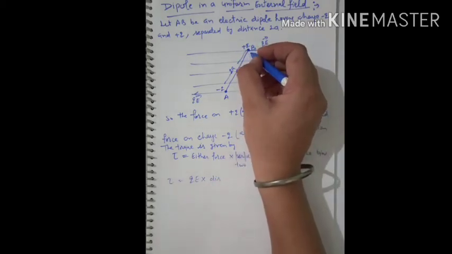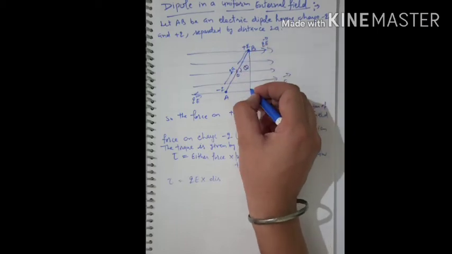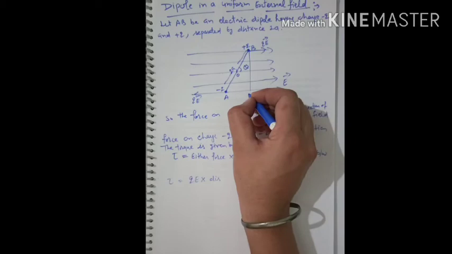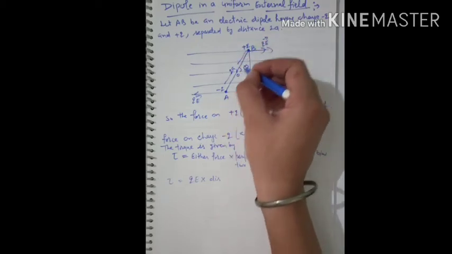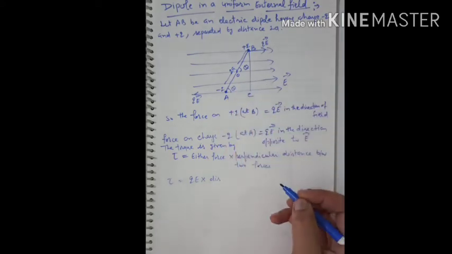Say we join this line and this point is C, so this is triangle ABC, and this angle is also theta.